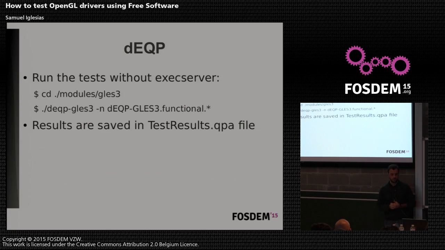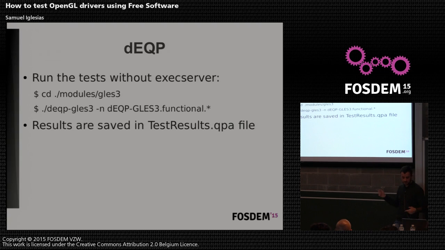If you don't want to use the execution server, you can use the binary directly. For example, in this case, we are running the same examples, the same tests as before.